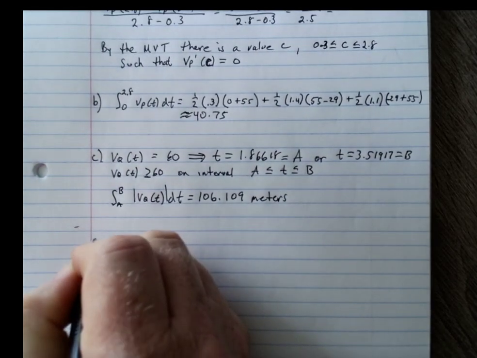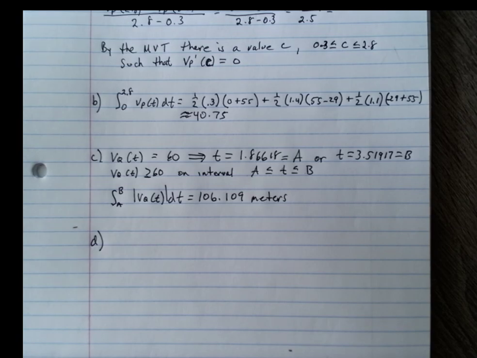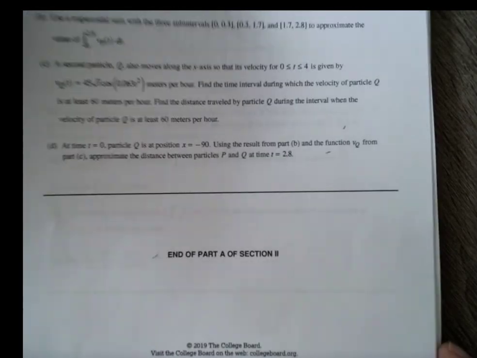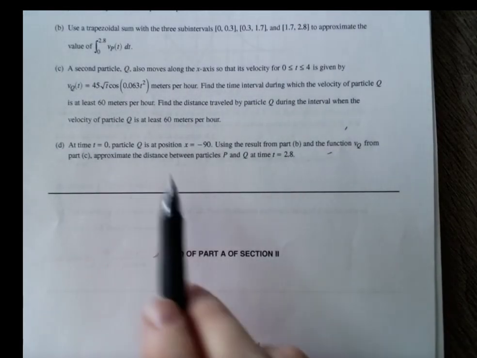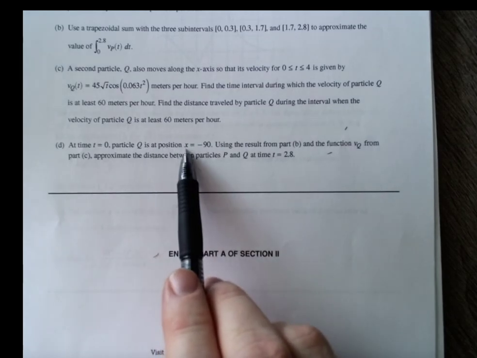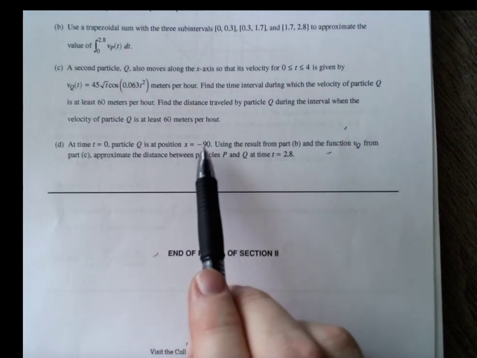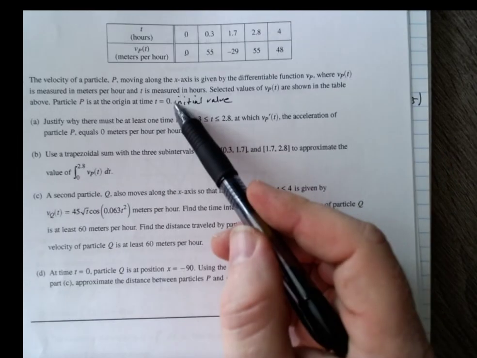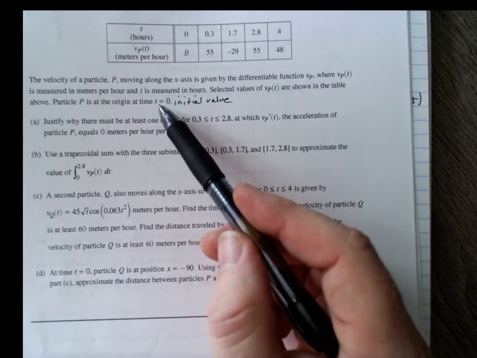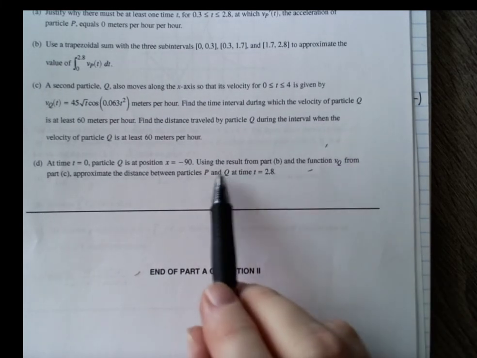All right, the last one, D. At time t equals 0, particle Q is at position -90. Remember, particle P, if you go back up here at time t equals 0, is at the origin. Okay, that's probably going to come into play here.